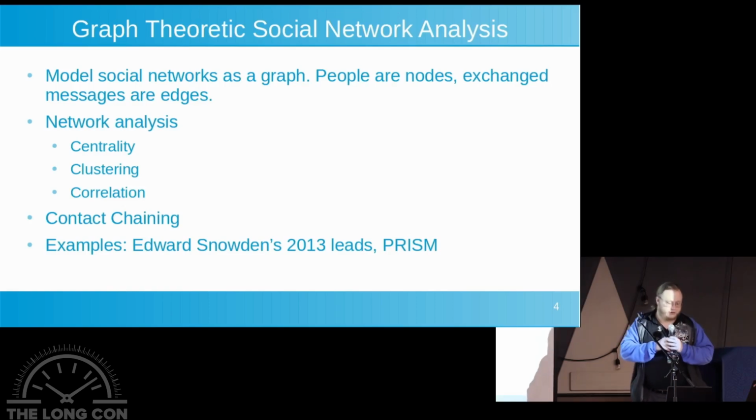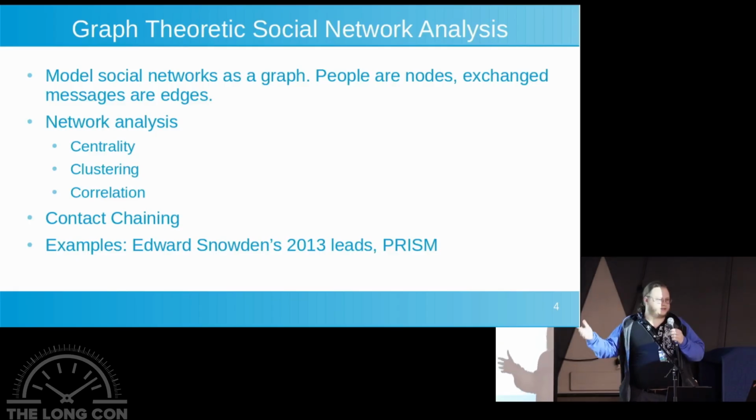You can also have other uses, such as marketing and propaganda campaigns, like Cambridge Analytica, for example, a few years ago. Graph analysis was part of what they did when they were trying to do propaganda campaigns to influence political movements.